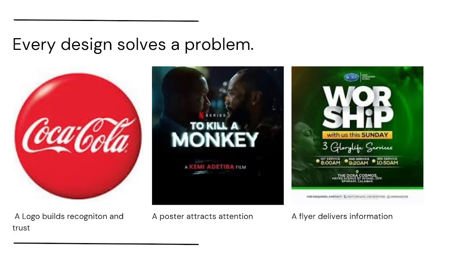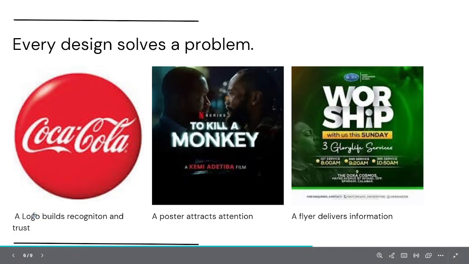Like in this case, worship with us this Sunday, three glory life services, first service, second service, third service. When we see these things, it communicates something to us, and the design solves a problem. So to rephrase again, a logo builds recognition and trust. A poster attracts attention. A flyer delivers information.